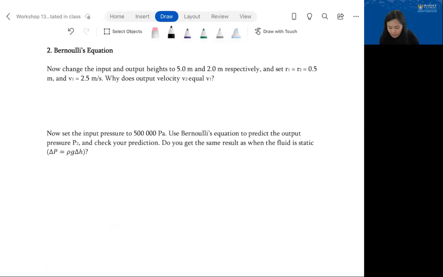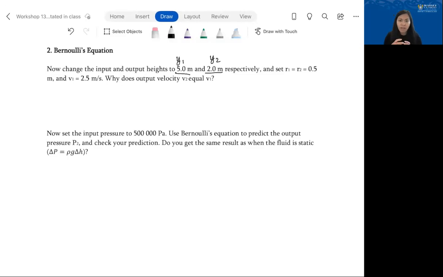Now for the second part, Bernoulli's equation. So the input and output heights are given. So let's say this is Y1 and output height Y2 is given. And then R1 is equal to R2 is equal to 0.5 meters.